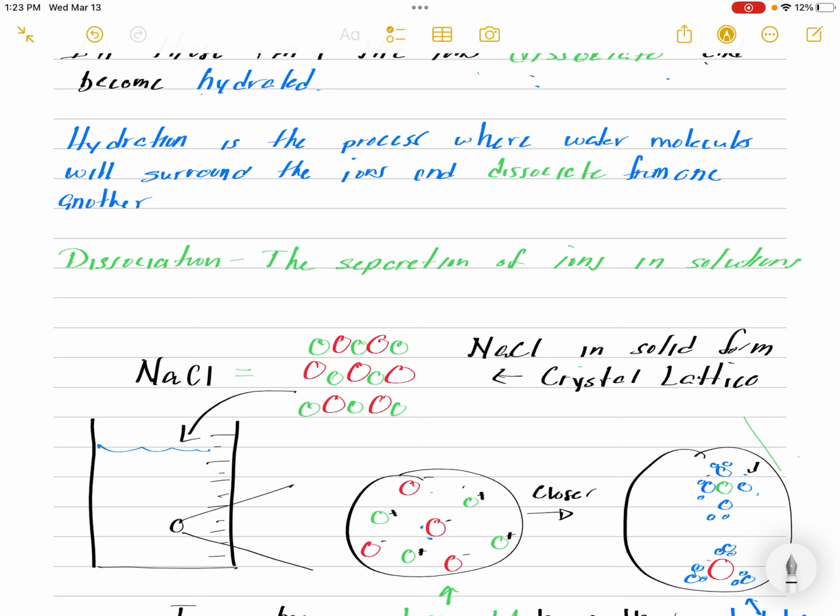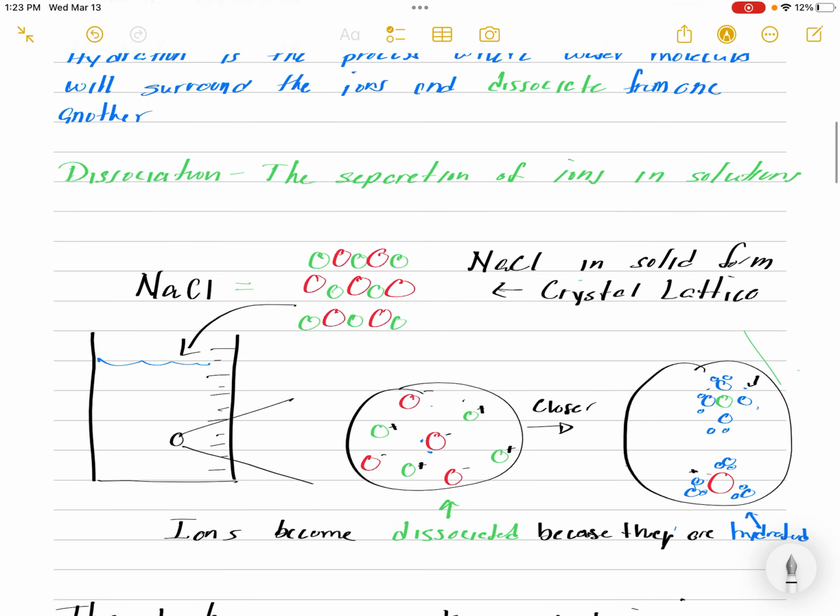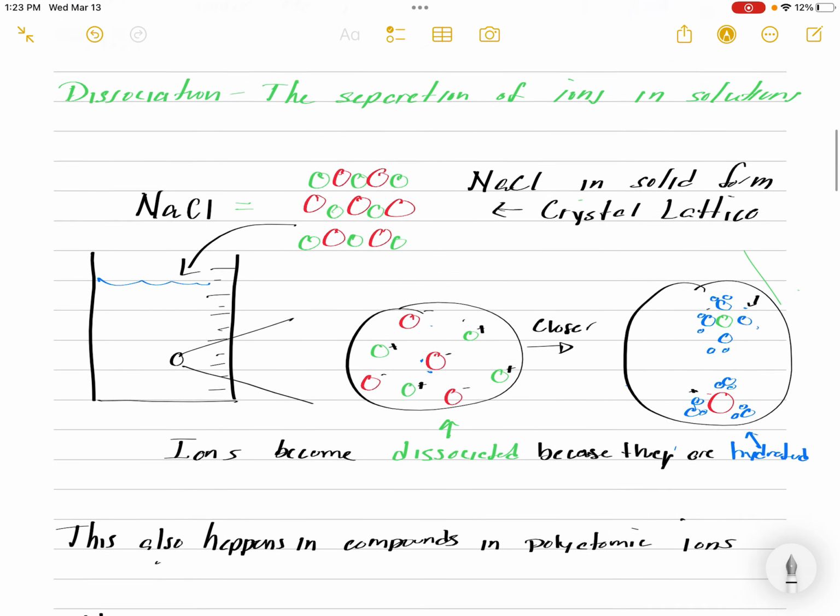And exactly the reverse, where the positive half of the water is going to be attracted to the negative part of the crystal lattice, which in this case is the chloride. So by this water molecule surrounding each individual ion, right, that's what we call hydration. It's being hydrated, and that's how water is able to dissociate solids into their individual ions, right? These have become dissociated because they're hydrated. This is what I'm talking about.